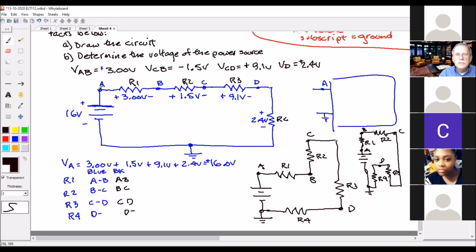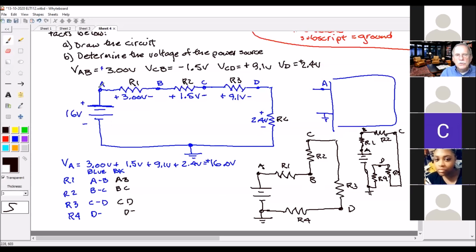Okay, I have one resistor that goes from A to B, one goes B to C, one goes C to D, one goes D to ground. In each one of those circuits, if you mapped it out, you'd have one that went between A and B. Where A and B are physically on your drawing would be in a different place.